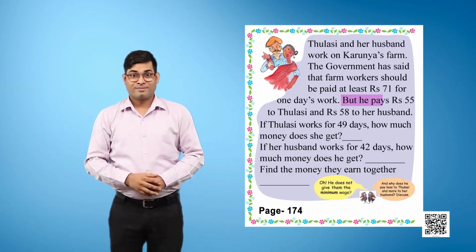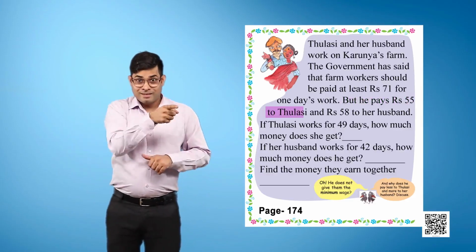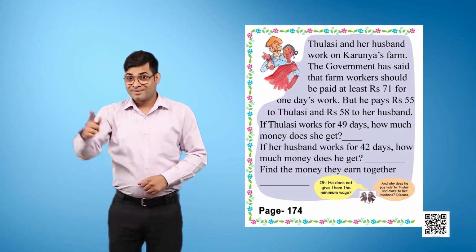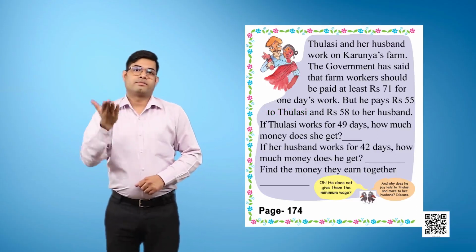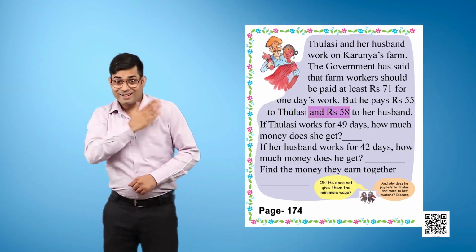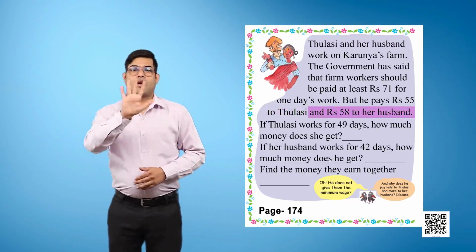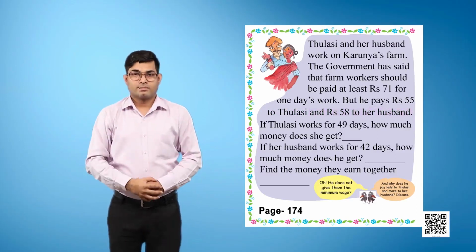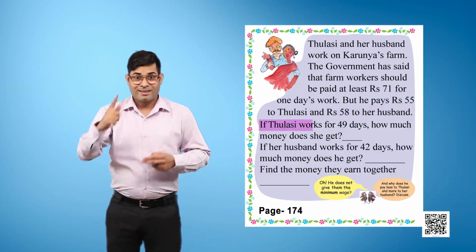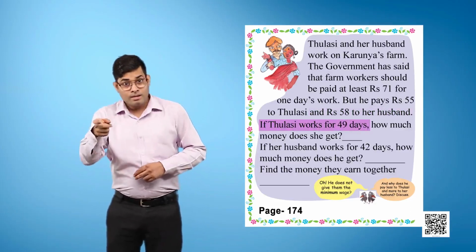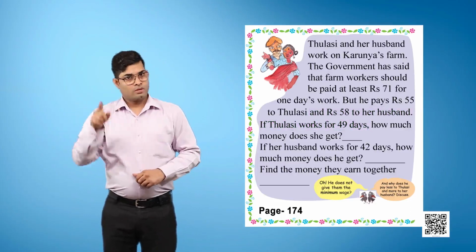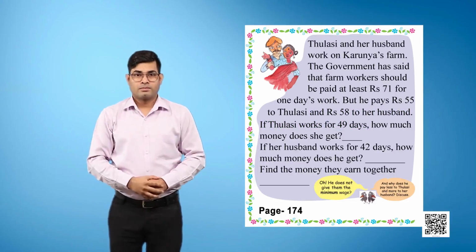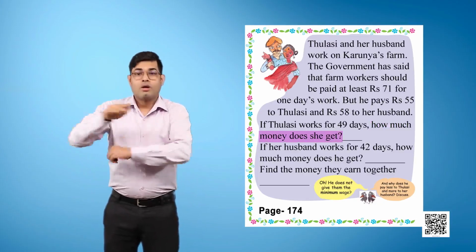But he pays rupees 55 to Tulsi and rupees 58 to her husband. If Tulsi works for 49 days, how much money does she get?